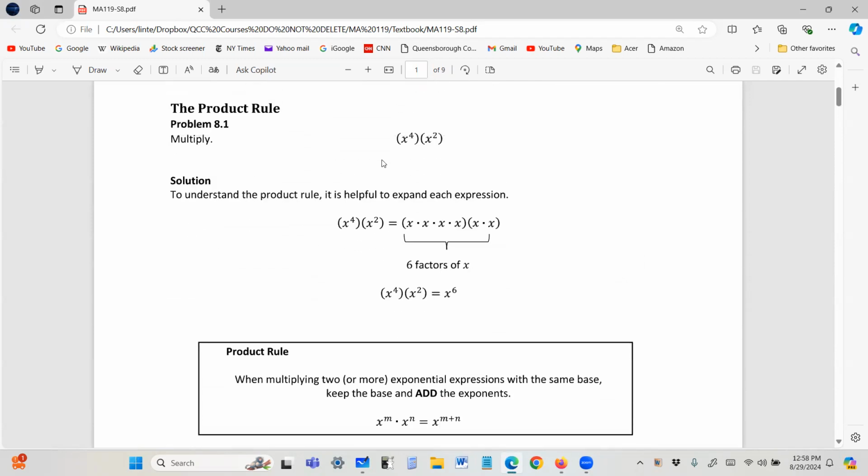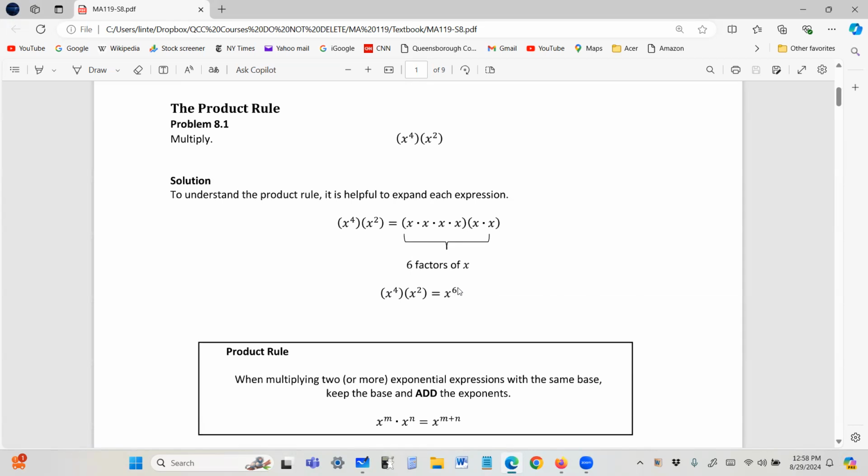So here's the product rule, first rule. The product rule says that if you have a variable or number raised to an exponent, and the bases are the same, in this case the x's are the same, all that you have to do is add the exponents. So x to the 4 times x squared would be x to the 6th power, as you can see here.